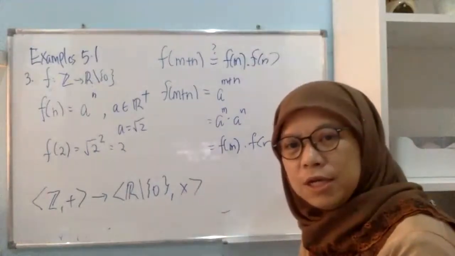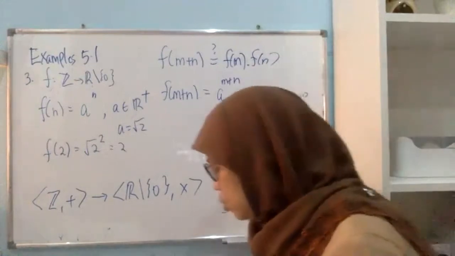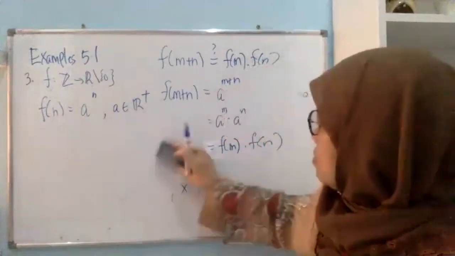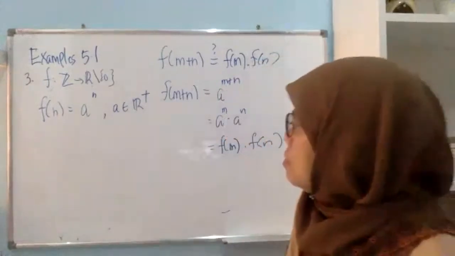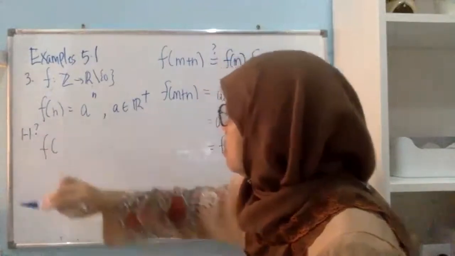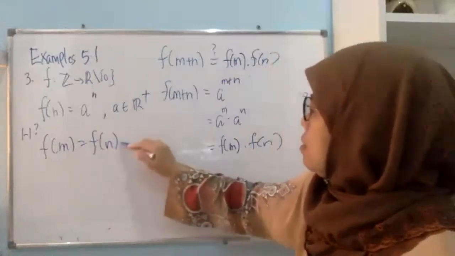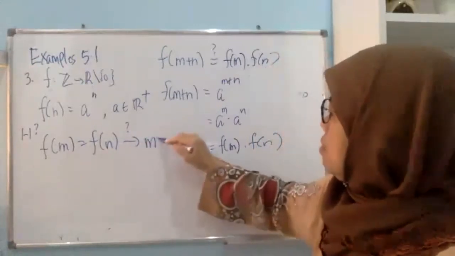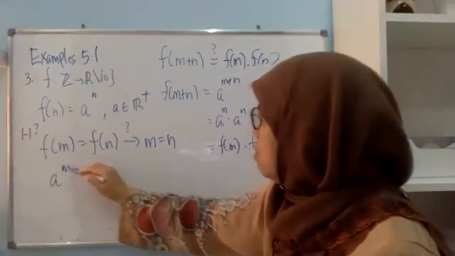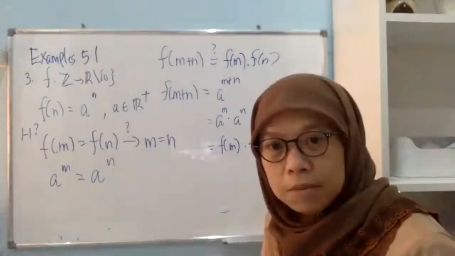Okay, next question, is it one-to-one? Yes or no? One-to-one, yes. f(m) equals f(n). Is m equal to n? a to the m is a to the n. a is just a positive real number.